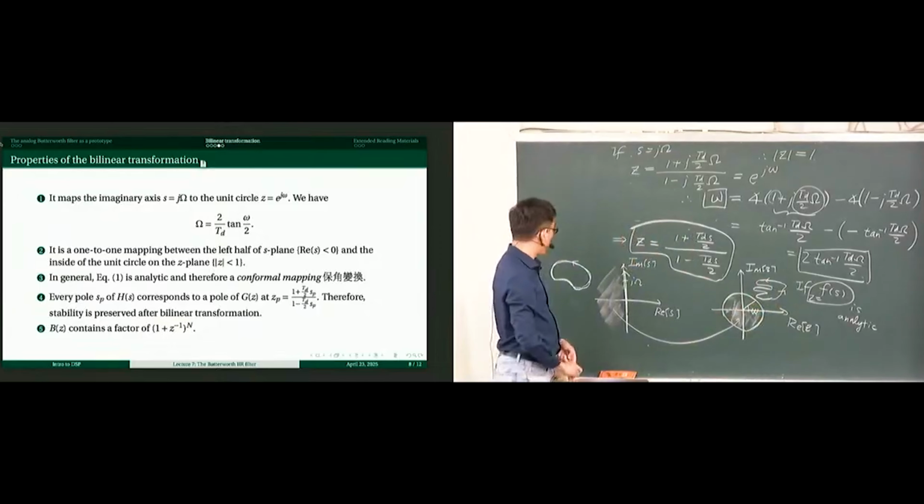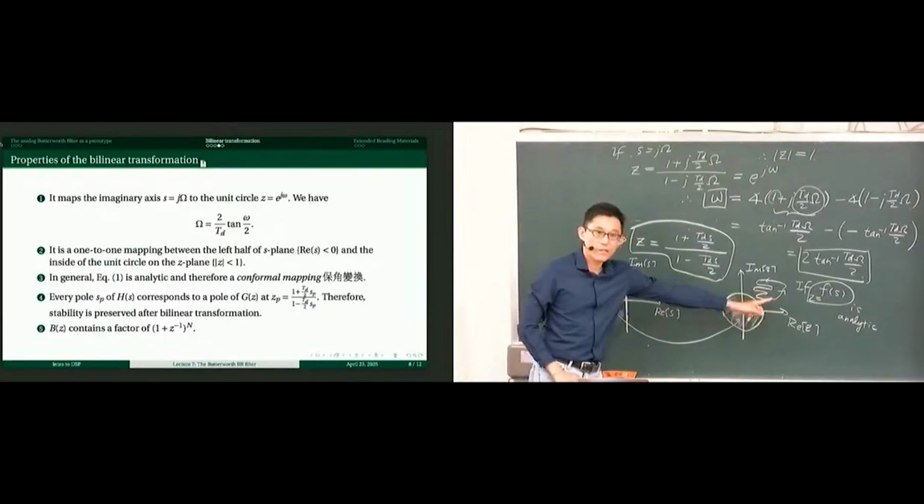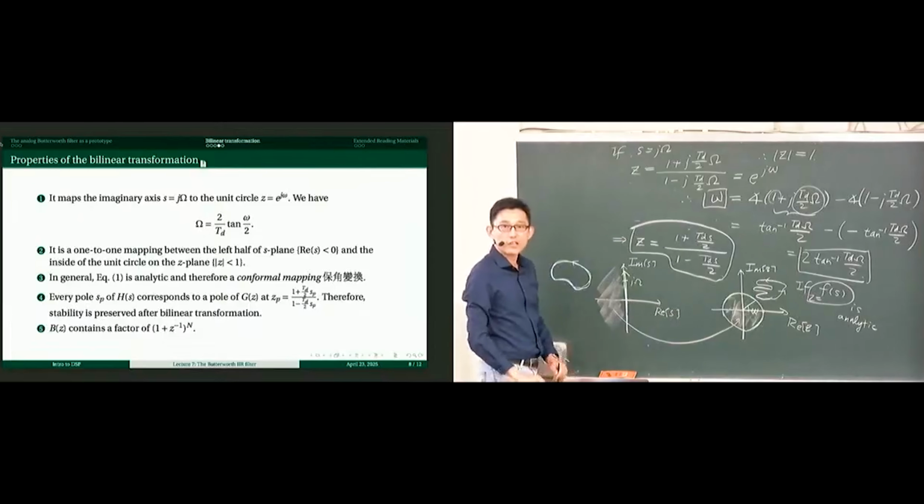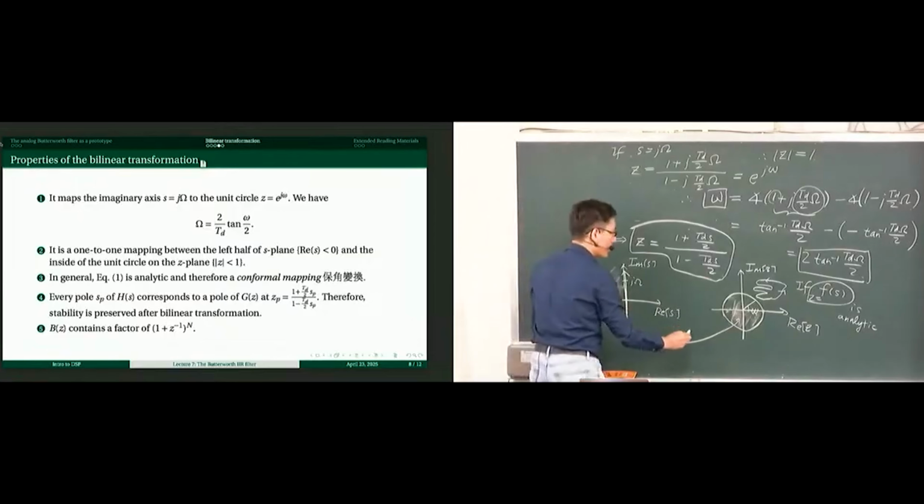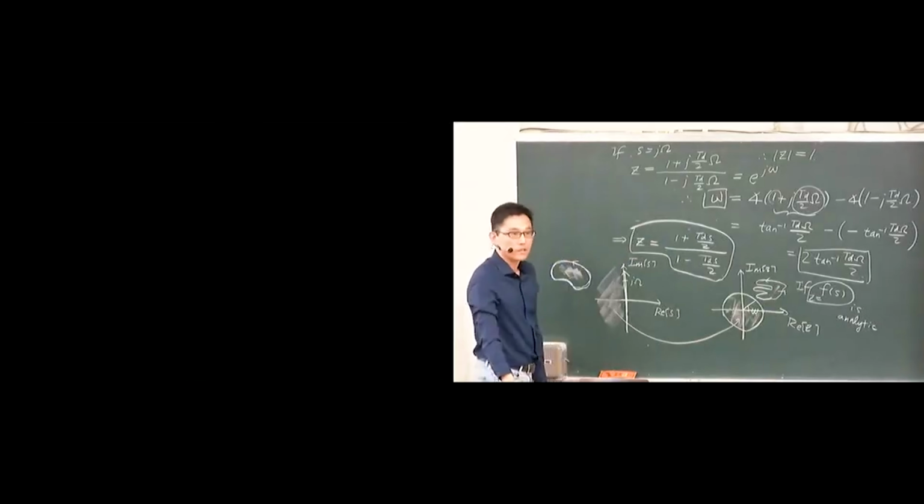And furthermore, what is on the left stays on the left. Left-hand side is still the left-hand side. Inside is still inside. Outside is still outside. If I understand correctly, okay? Inside should still be mapped to the inside, outside to the outside.